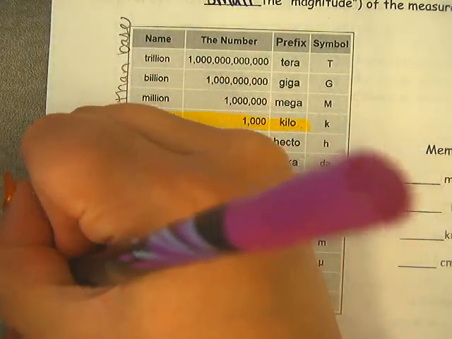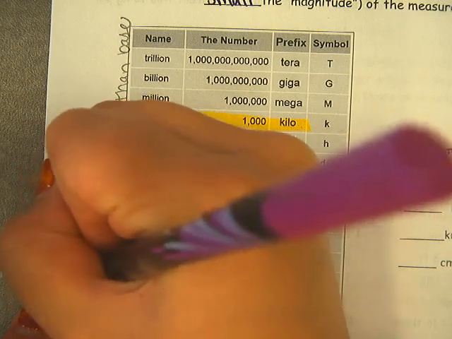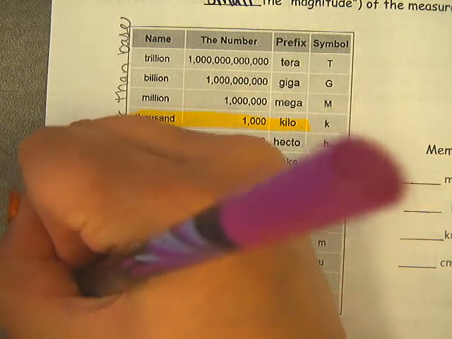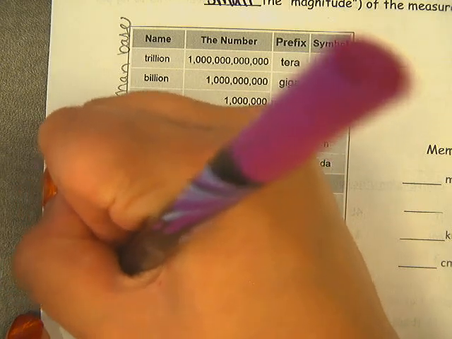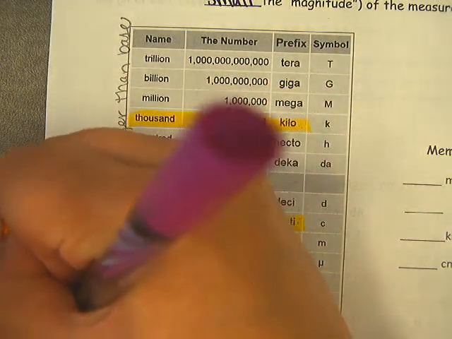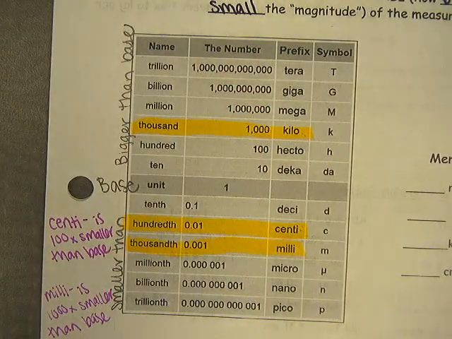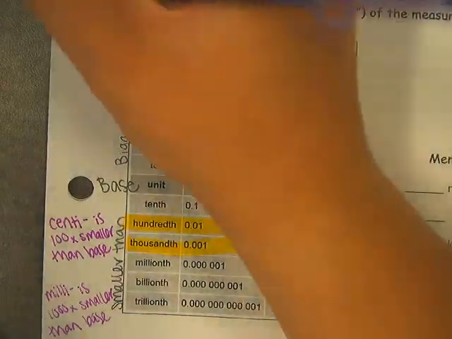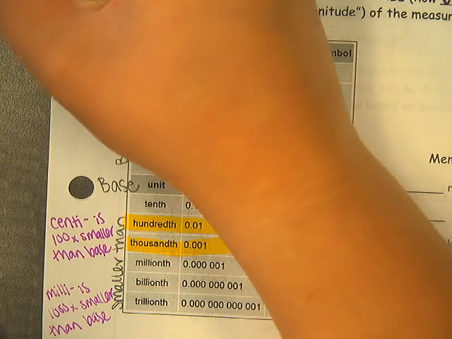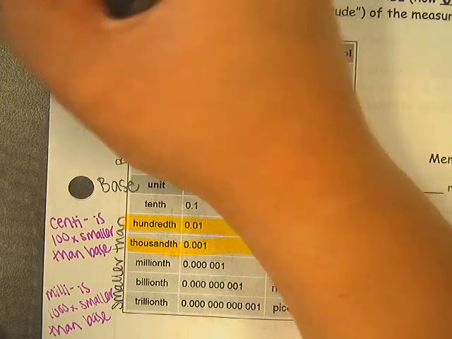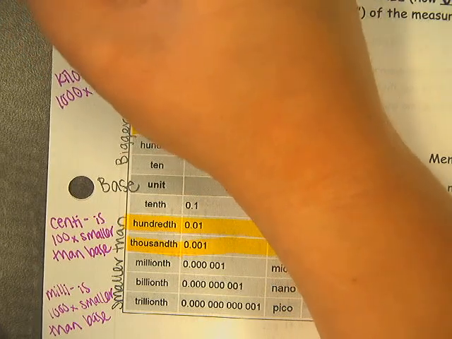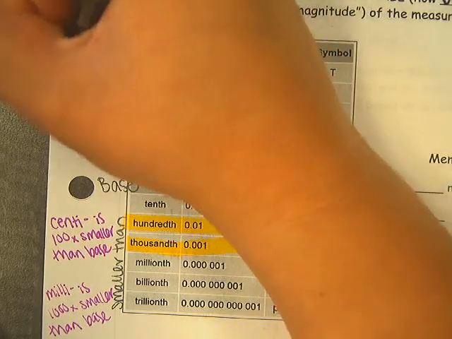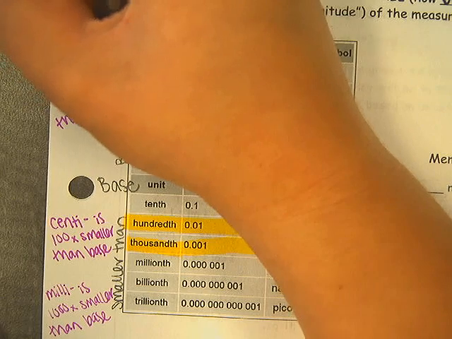And milli is 1,000 times smaller than the base unit. And kilo is 1,000 times bigger than the base unit.